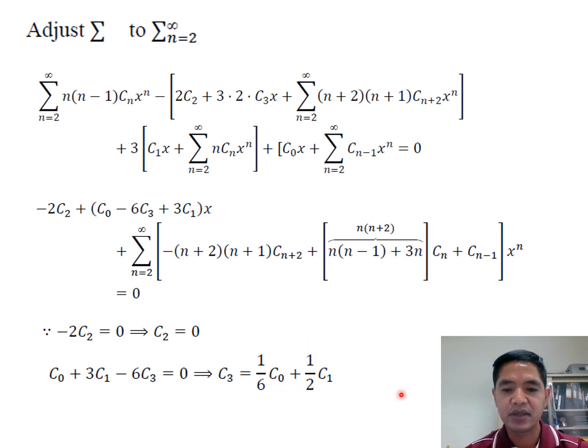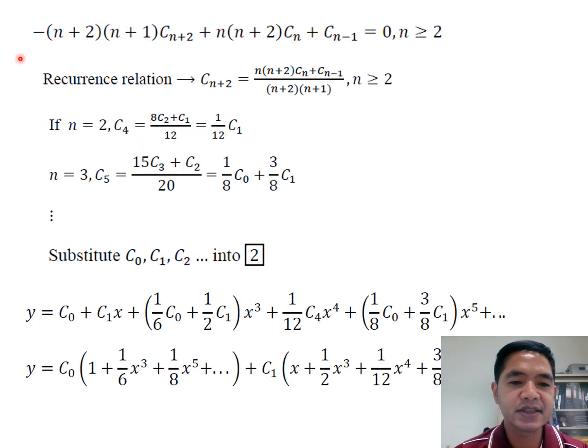Okay, next, you look at the summation form, and inside it you will see that we have minus n plus 2 times n plus 1 cn plus 2 plus n times n plus 2 cn plus cn minus 1 equal to 0. So take this term equal to 0, without the x to the n and the summation form.